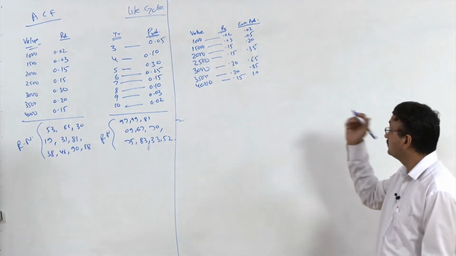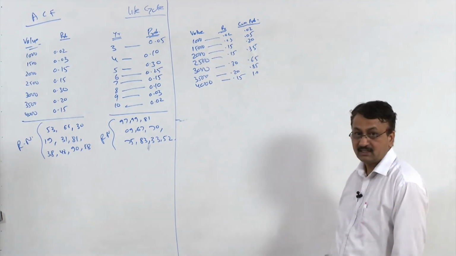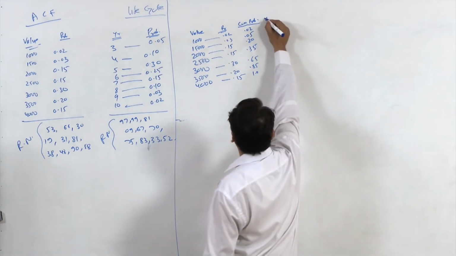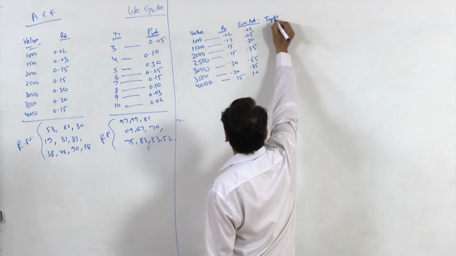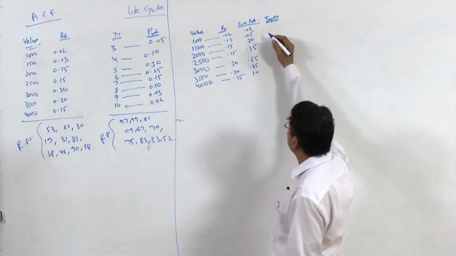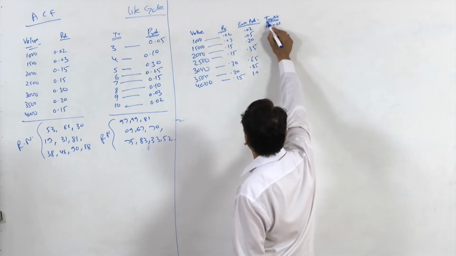Now once you are done with cumulative probabilities, let us assign tag numbers to these probabilities, right? So how to proceed? It's 0, 0 to 0, 1, right?